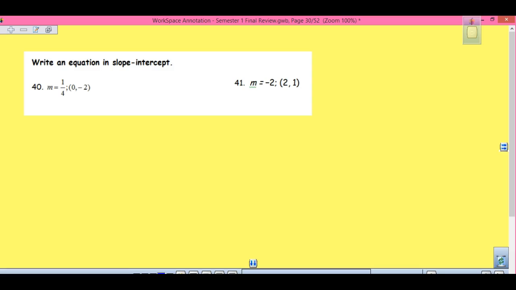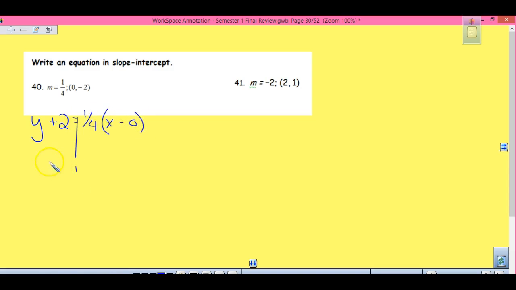Okay. This one, do I have enough information to put it into slope-intercept form? No, I don't have my y-intercept, so it has to go into point-slope. So y plus 2 equals 1/4 times x minus 0.